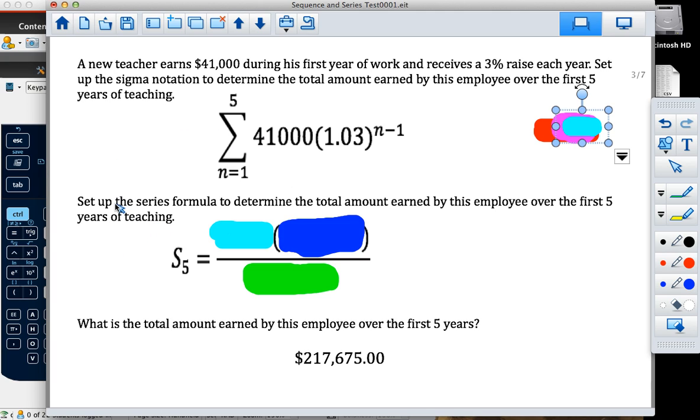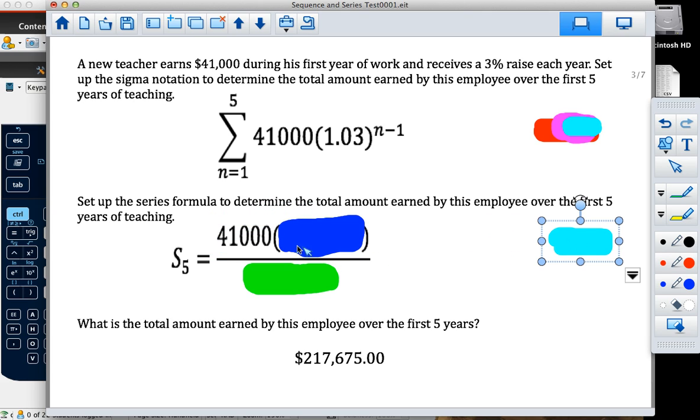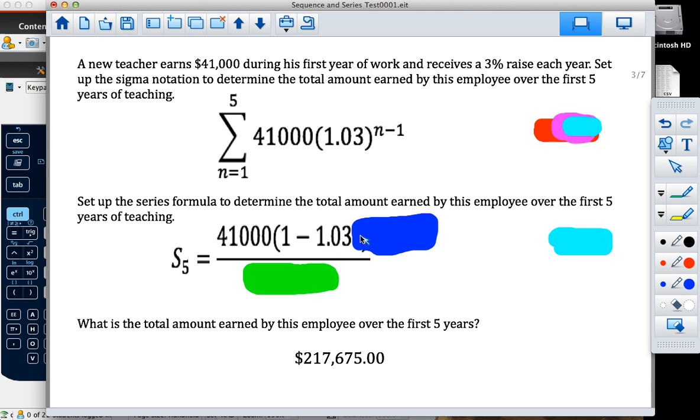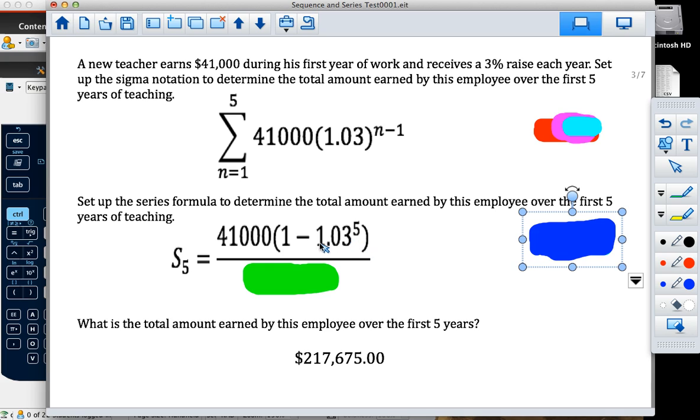And then down here, set up the series formula to determine the total amount earned by the employee over the first 5 years of teaching. So make sure you know the geometric series formula. With that, you need to have your first term, your a sub 1 goes here, and then you have 1 minus your rate, and our rate is 1.03, and then 1.03 is raised to the 5th power.